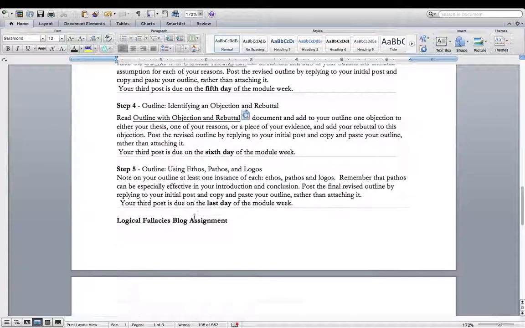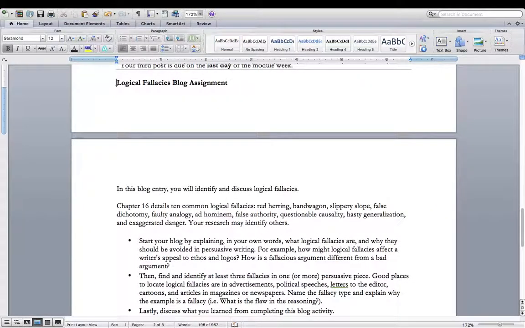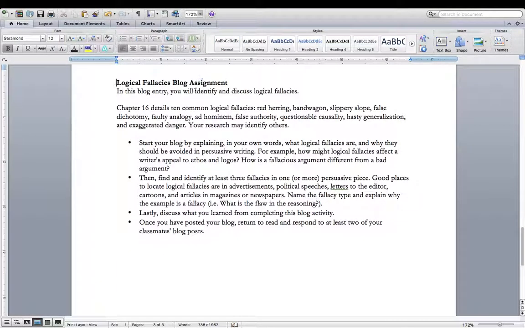And I copied the instructions from Canvas. So this is a blog assignment, and it says, write chapter 16, details 10 common logical fallacies, and then all of them are named, and then it goes through what you want to do.